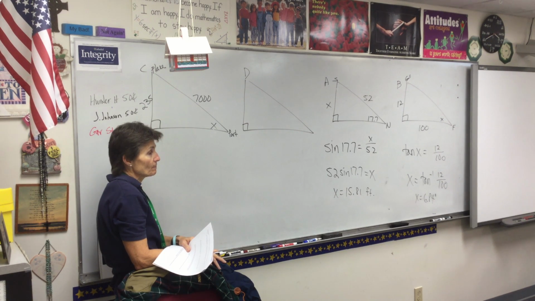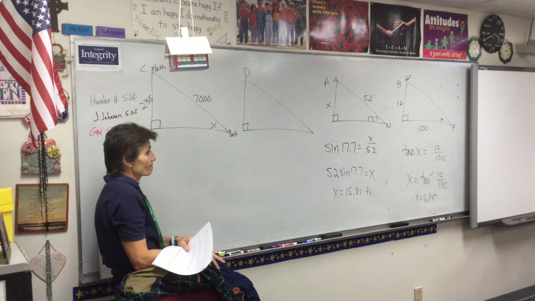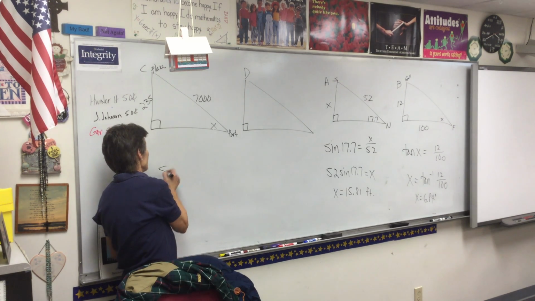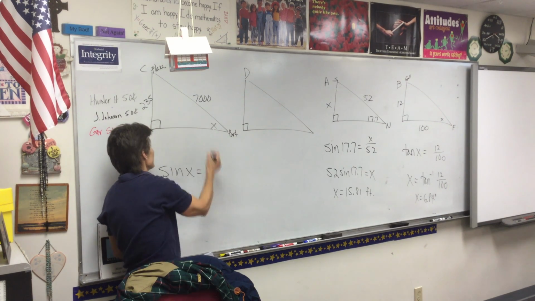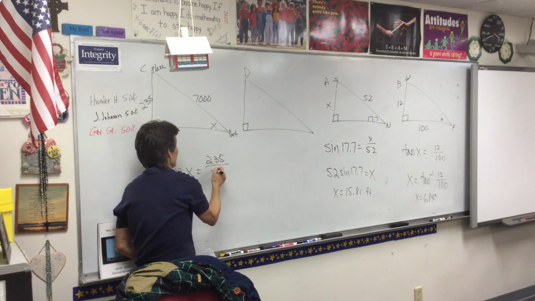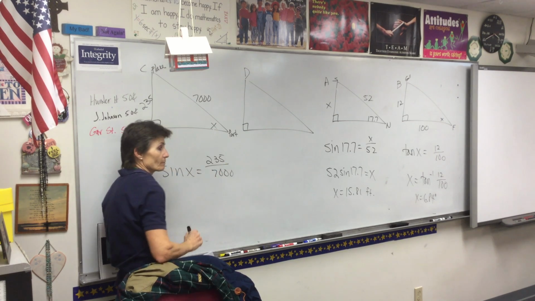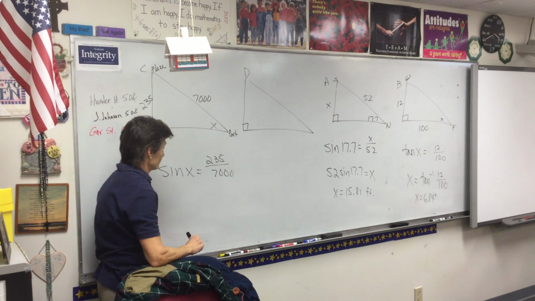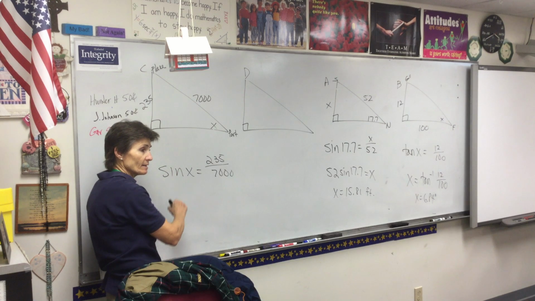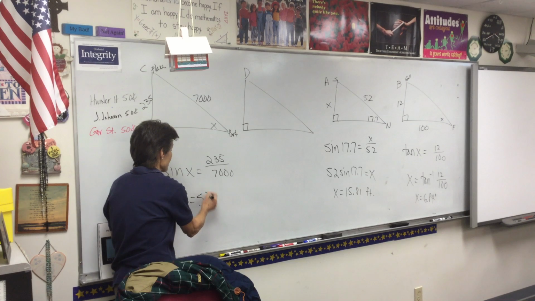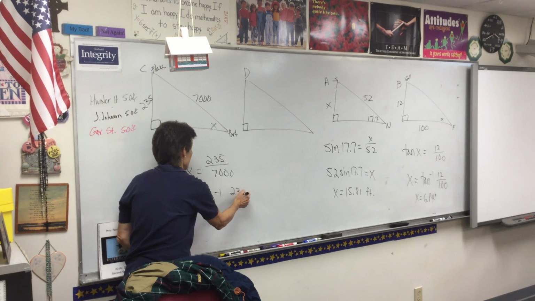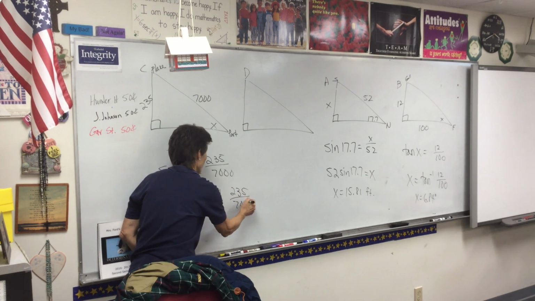Sine, cosine, or tangent? Sine. You're looking at that angle right there, kids. So sine x is opposite over hypotenuse. What do we do when it's sine x? We have the second sine, inverse sine, special sine, whatever you want to call it.